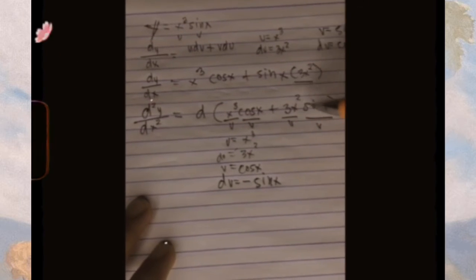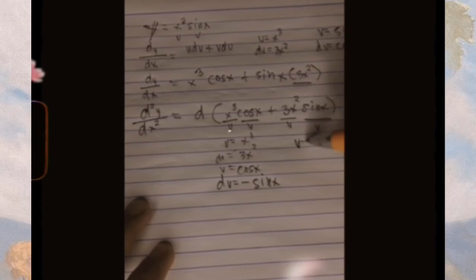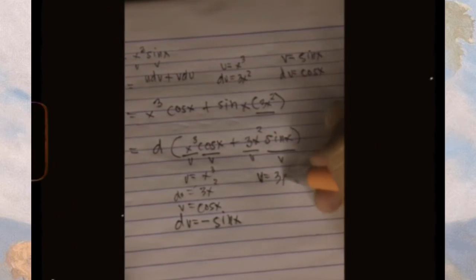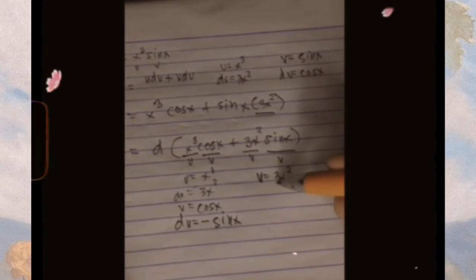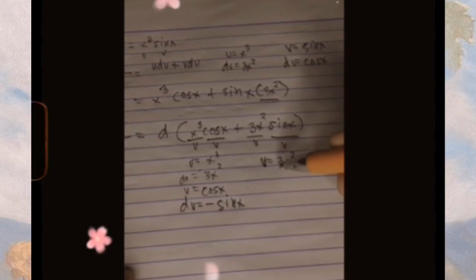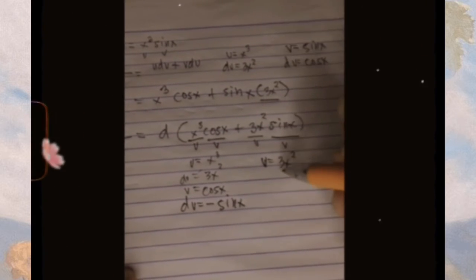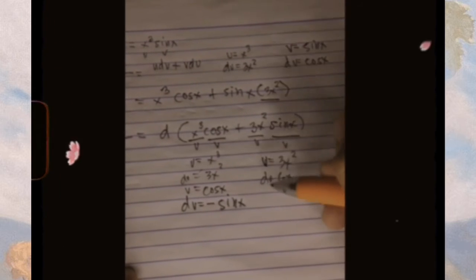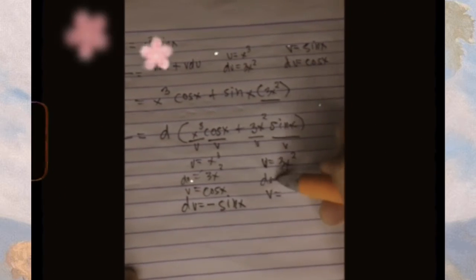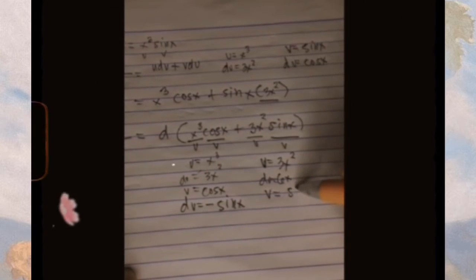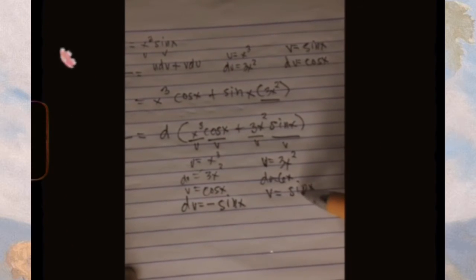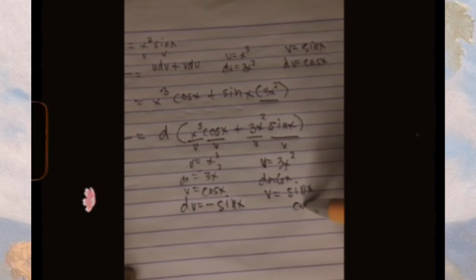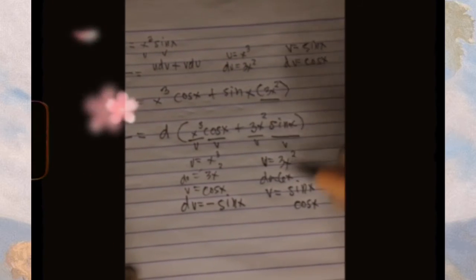Next is the other side. So our u is 3x squared, and the derivative of 3x squared is 6x. Our v is sine x, and the derivative of sine x is cosine x.